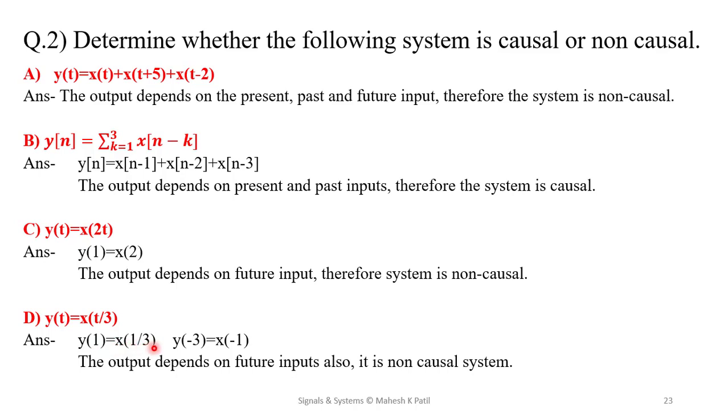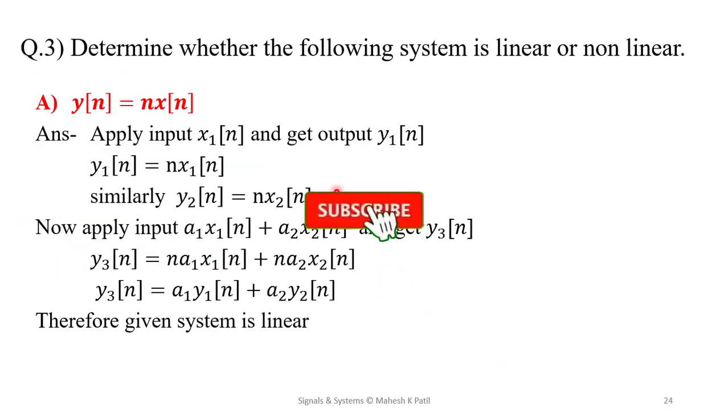Or if you put t = -3, then it becomes y(-3) = x(-1). So from the observation we can say that the output depends on the future inputs, so it is a non-causal system. Now we'll see the next question.